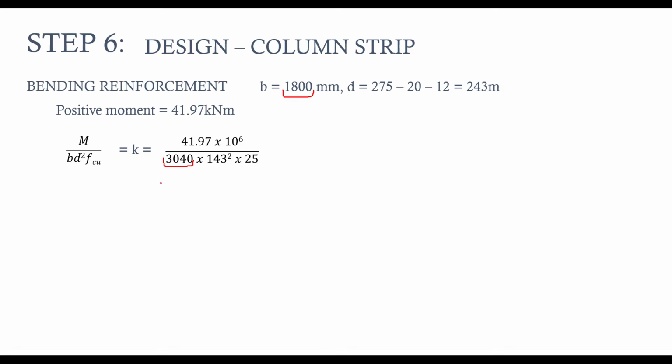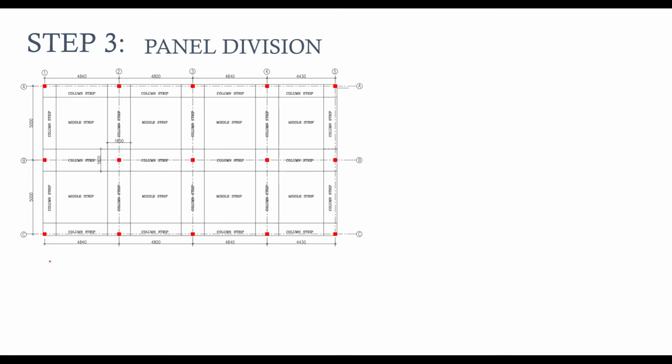For you to understand that, let me go back to where we have the column strip and try to explain this so that you get it better. So in order to explain what I mean, let's say for example, you cut your section along here. If you cut your section along here, your bending moment is going to go this way. So this is actually where the positive moment is.